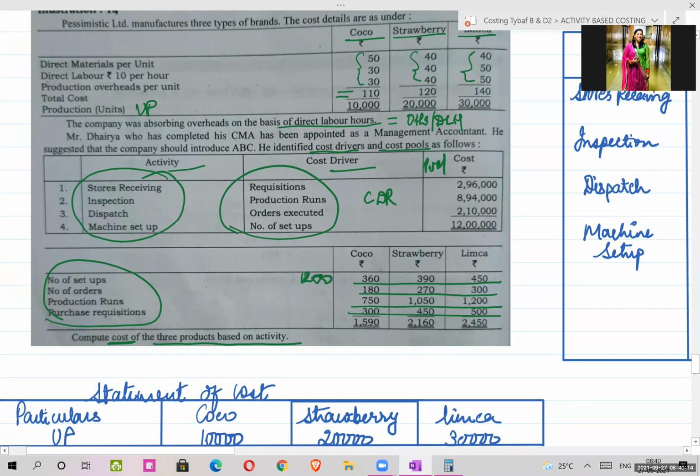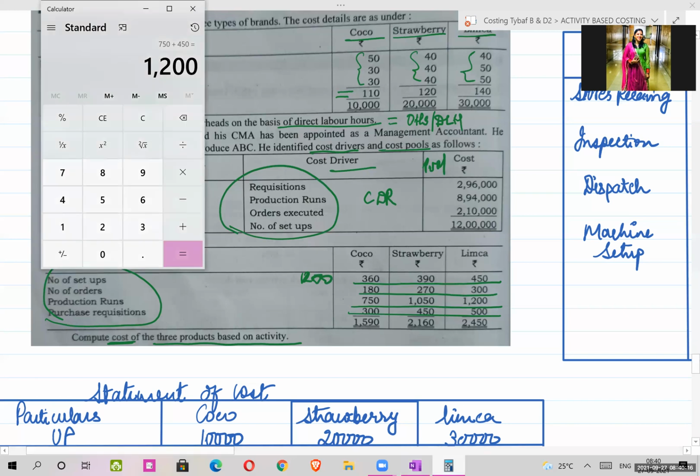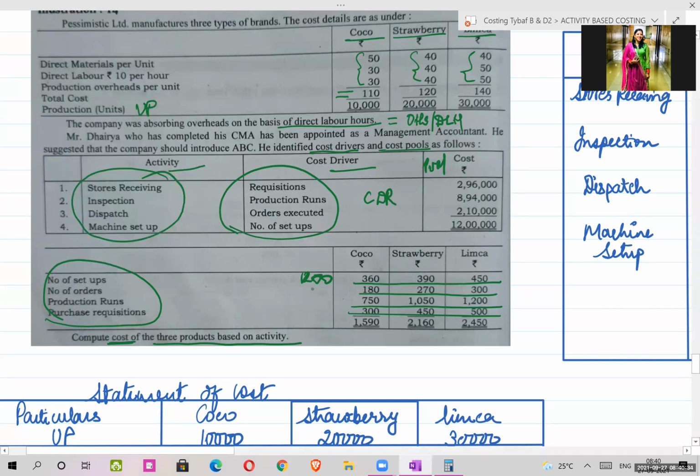Next, 180 plus 270 plus 300, 750. You just have to total it. Why is this total required? To calculate your cost driver capacity. Next, 750 plus 1050 plus 1200.